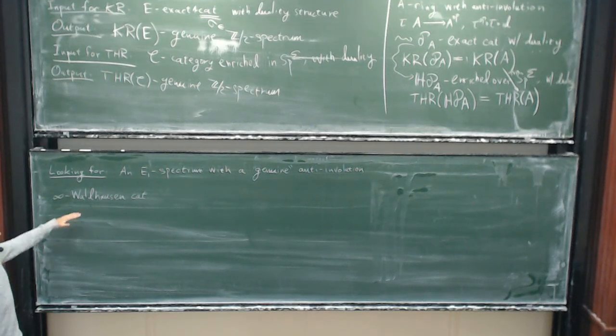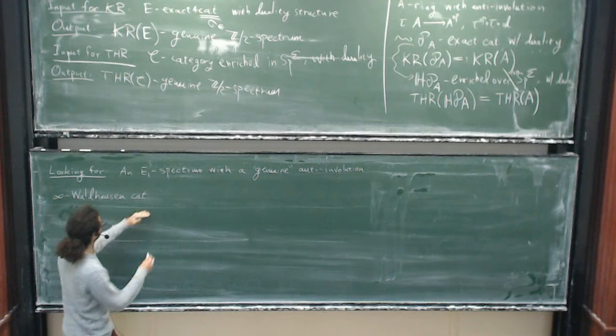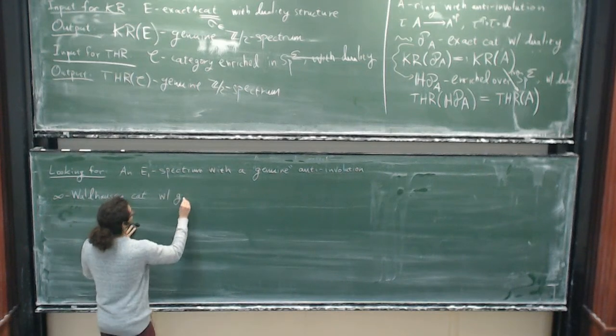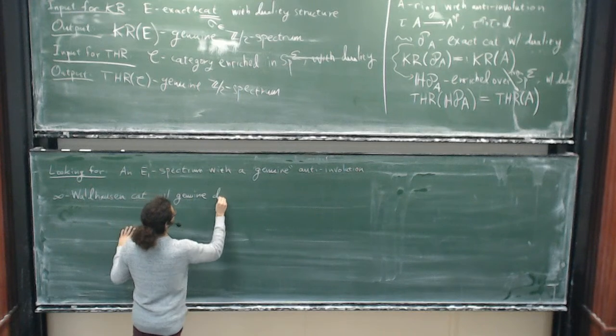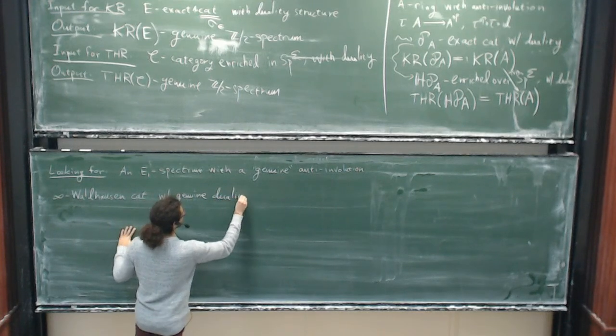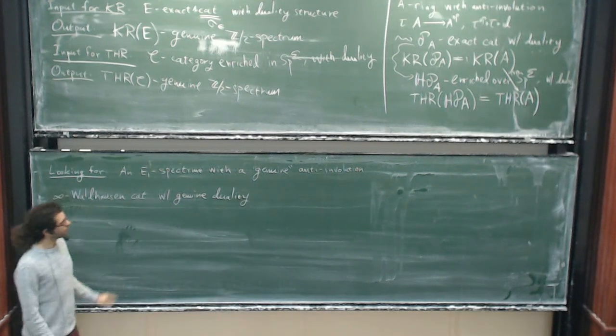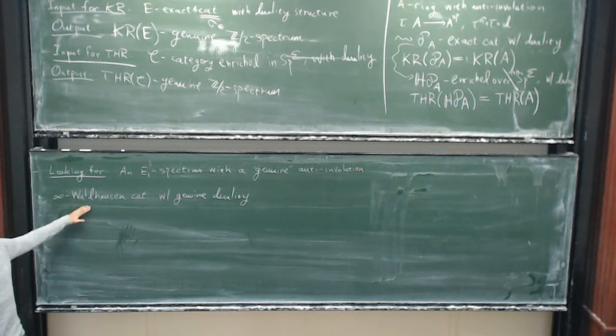So one task for this project is to find the correct definition for an infinity Waldhausen category with genuine duality. This doesn't exist yet.